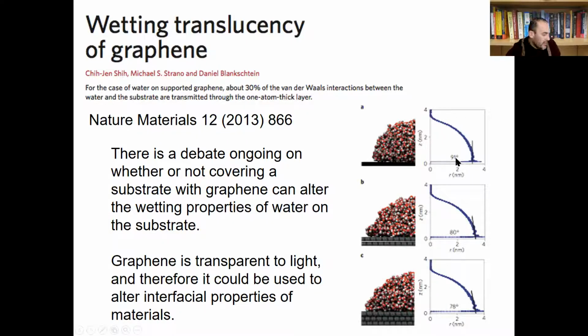So initially, when the layer was just 1, the contact angle of water was 91, but then they put a second layer, the contact angle decreased, and then the third layer, contact angle again decreased, continued to decrease, but not as much as it happened in the first case, when they added the second one.